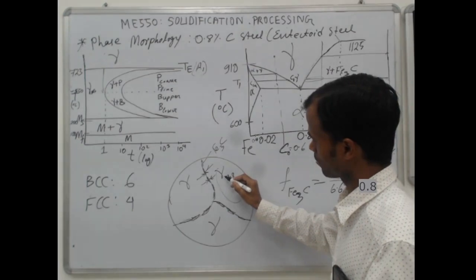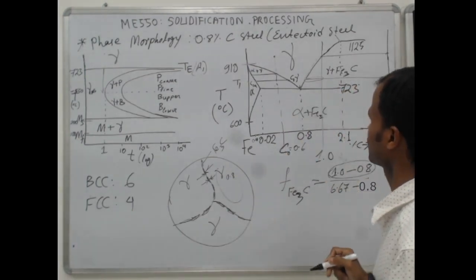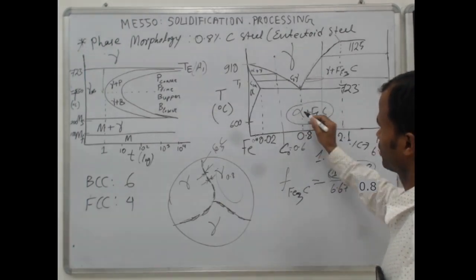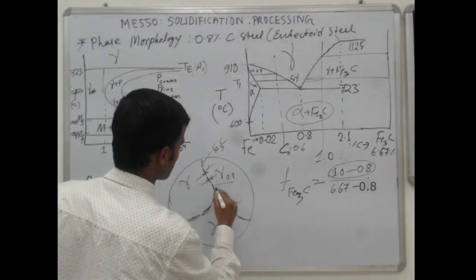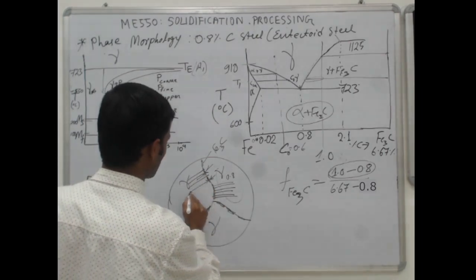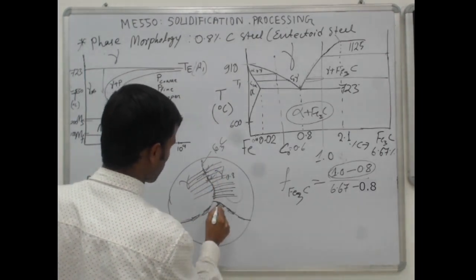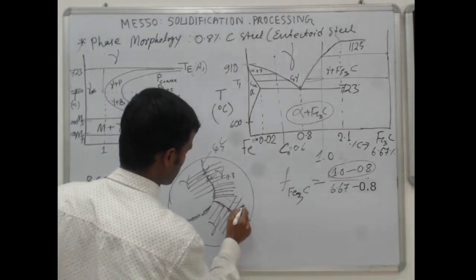And when the austenite reaches this eutectoid composition, again it will undergo the eutectoid reaction and form pearlite. So now again you will have parallel plates, you will have different colonies, generally normal to the grain boundaries.